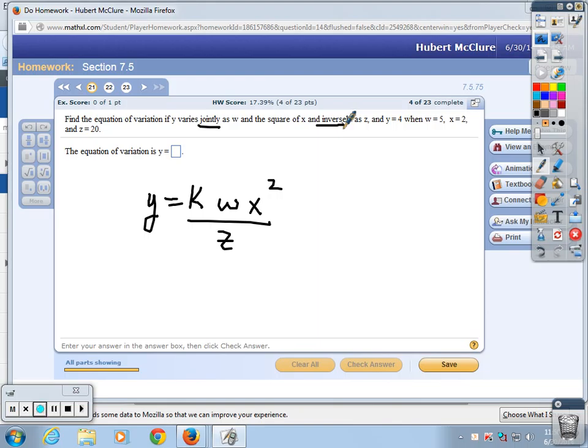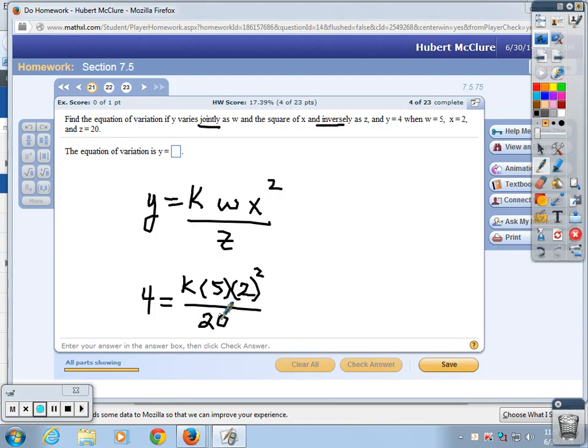So what do they give you? Y is equal to 4. W is 5. X is 2. And Z is 20. Now before you start reaching for a calculator, just chill. Because I believe some of you might be able to do this. Because what happens right here?